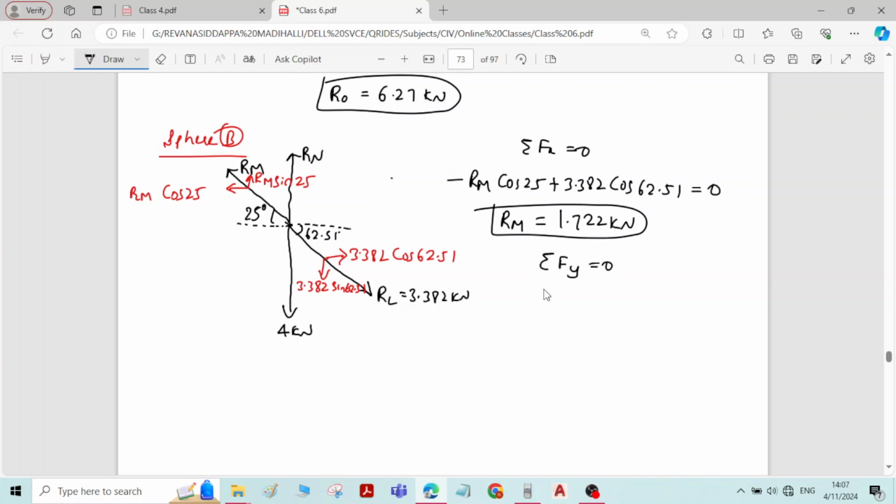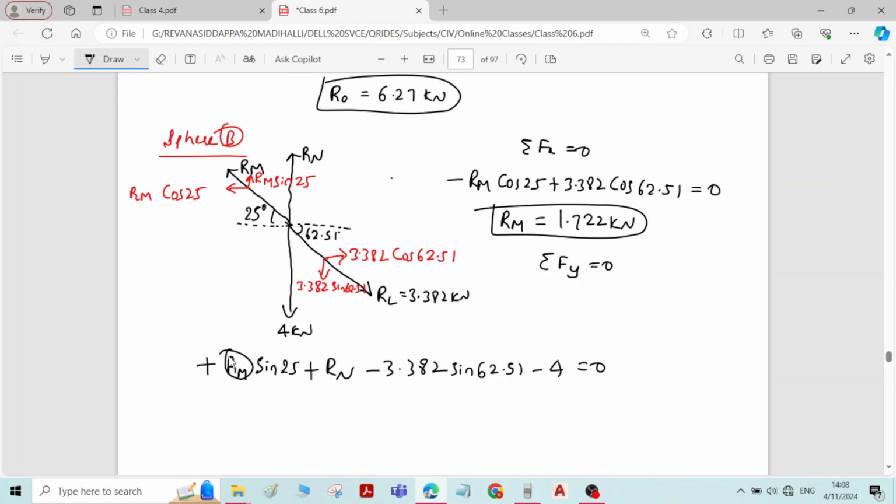Now go for the next equilibrium condition. Sigma Fy is equal to 0. Sum of forces in vertical direction is equal to 0. Therefore it is plus RM sin 25 plus RN, then minus 3.382 sin 62.51 minus 4 is equal to 0.